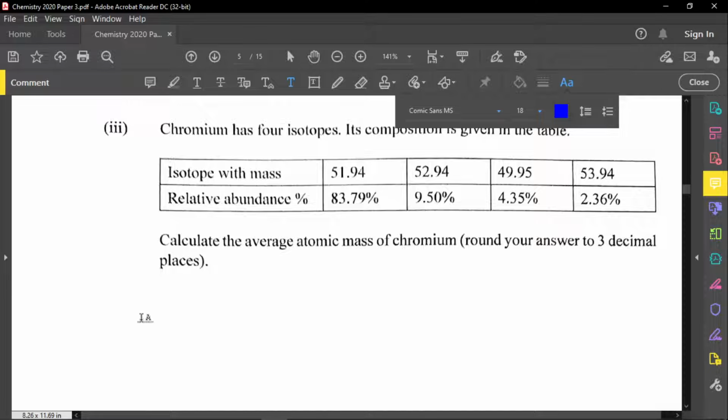So 51.94 multiplied by 83.79%, which is 0.8379.